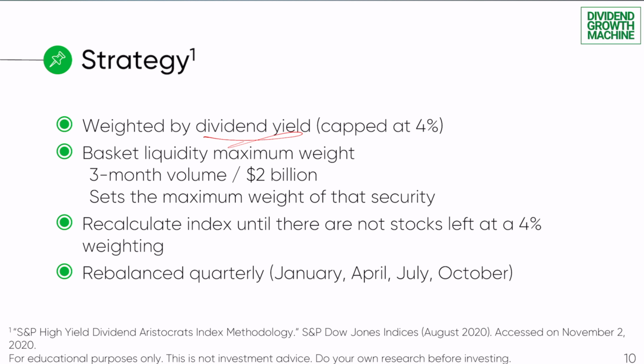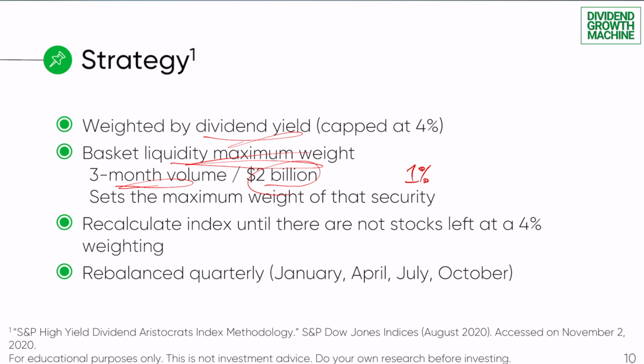And then the basket liquidity maximum weight is a little bit confusing, but basically it sets the maximum weight of each security at whatever their 3-month volume is divided by 2 billion. So for example, if the 3-month volume was say 1% of 2 billion, then the maximum weight for that particular security would be 1%.